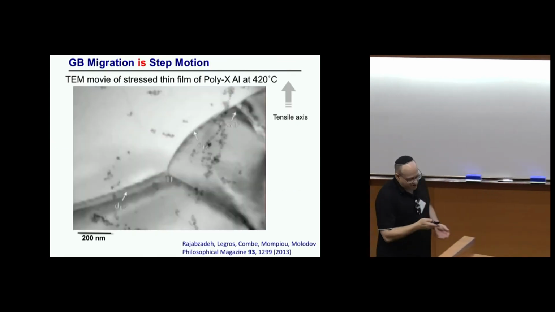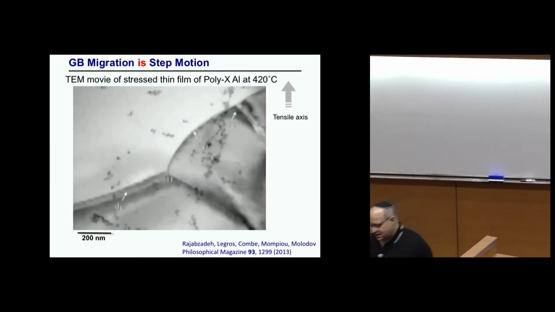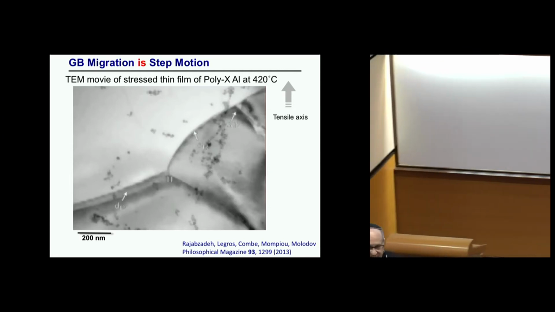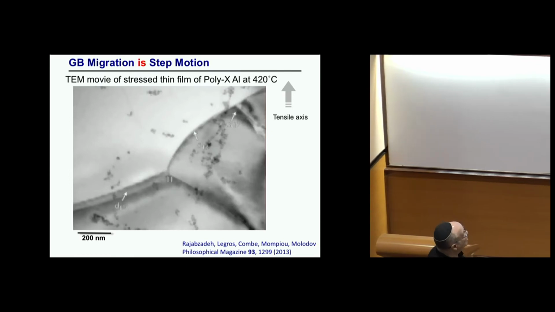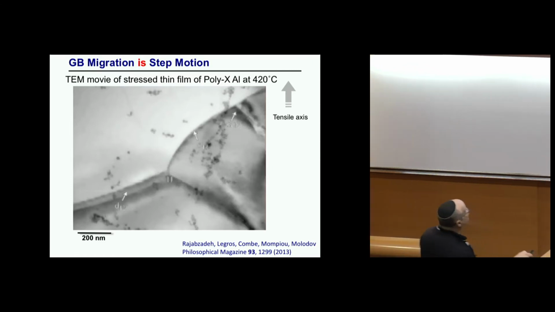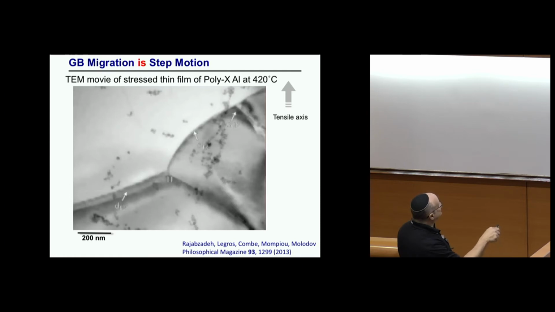So what I'm going to show you now is a movie done in transmission electron microscopy of a thin film of ultra fine grained aluminum, and it's at 420 degrees, and they apply a stress this way. Here's one grain boundary, another one, another one. This is the top surface of the bottom surface of the thin film. That's the top surface.